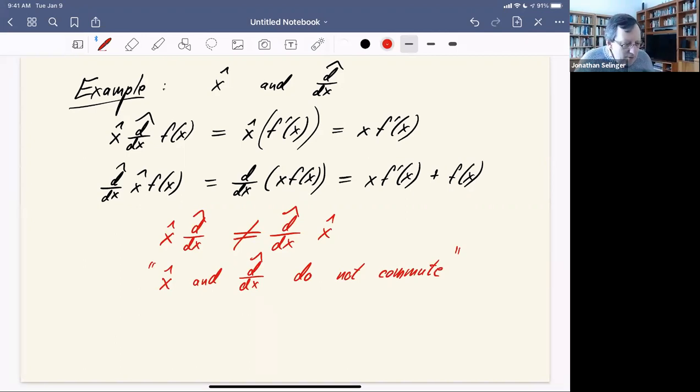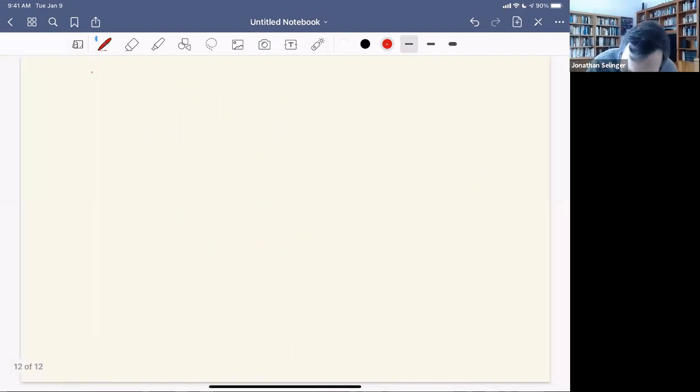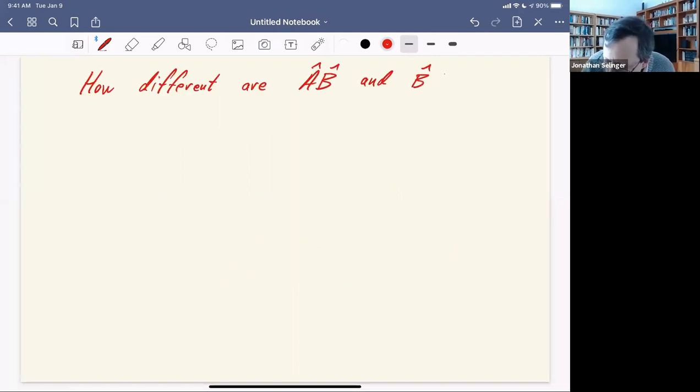Okay, so if you have two operators like this that do not commute, then you might want to know how different are AB and BA? Okay. Are they almost the same, or are they very different? Okay.